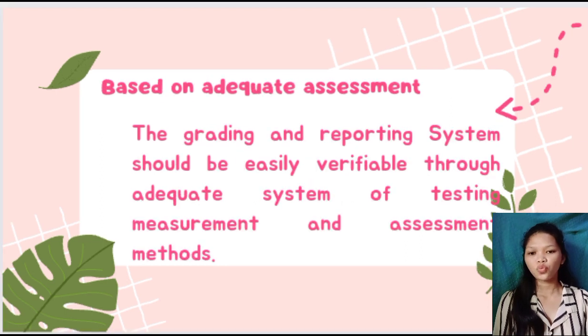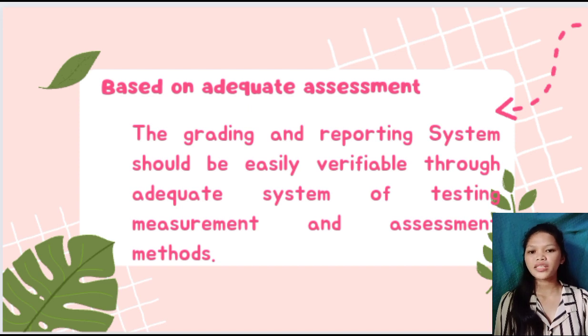The next one is based on adequate assessment. The grading and reporting system should be easily verifiable through an adequate system of testing, measurement, and assessment. What does it mean?